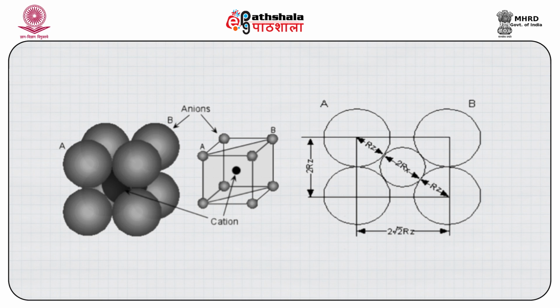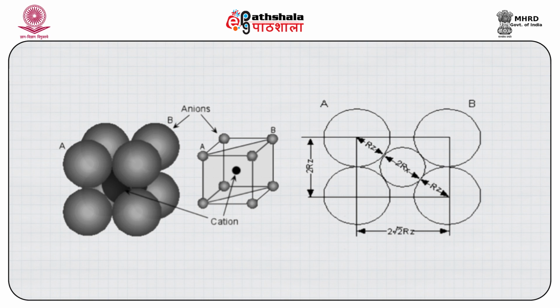The radius of the cation, that is the positive ion, is given as Rx, so the diameter will become 2Rx, and that of the anion is Rz. Since in this diagram there are 2Rz, this distance will become 2Rx plus 2Rz.